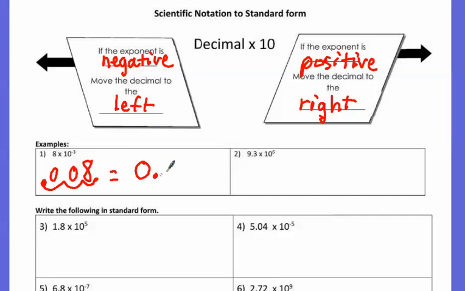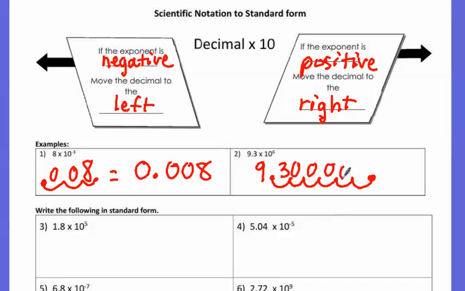Remember to put your 0 out front so you know this is a decimal. Example 2, the exponent is positive. So I'm going to move my decimal 6 places to the right. Fill in any empty spots with a 0.